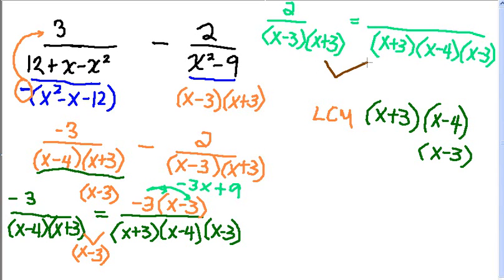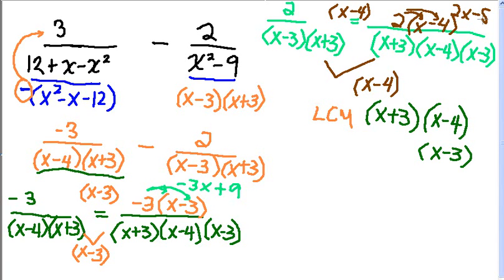In this case, my denominator is missing the x minus 4 term. So I need to multiply my denominator by x minus 4, and whatever I do in the denominator, I have to do in the numerator. So this becomes 2 times x minus 4. And now I can distribute this 2, and I get 2x minus 8.